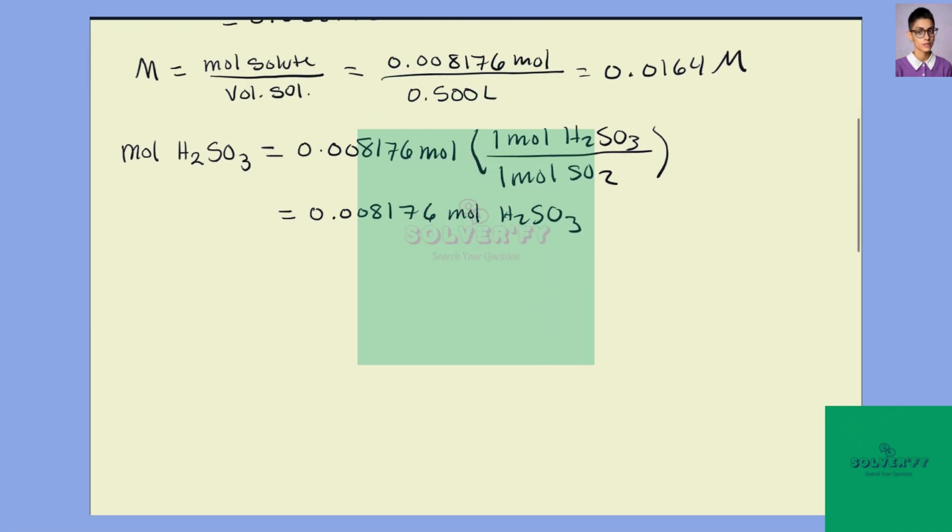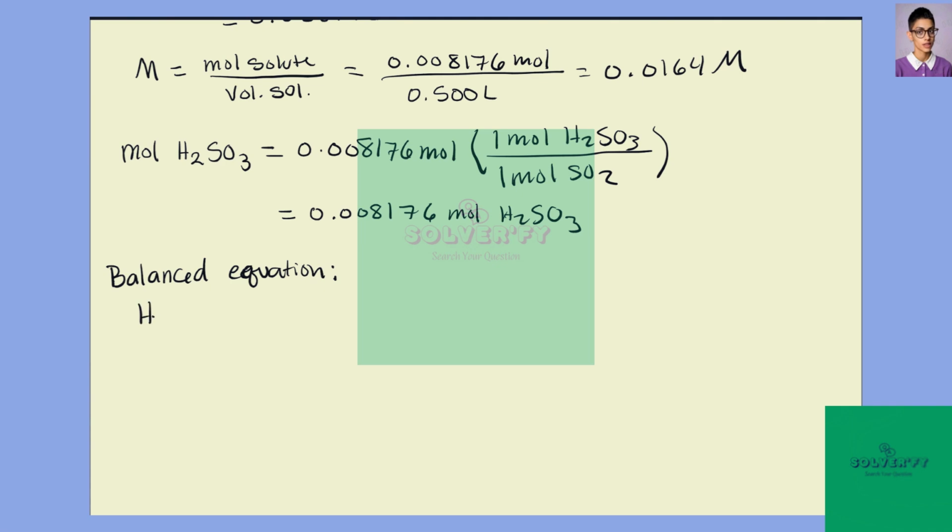Alright, so now that we have our moles of our acid, we need to write out our balanced equation for our titration. So this is going to be our balanced equation.